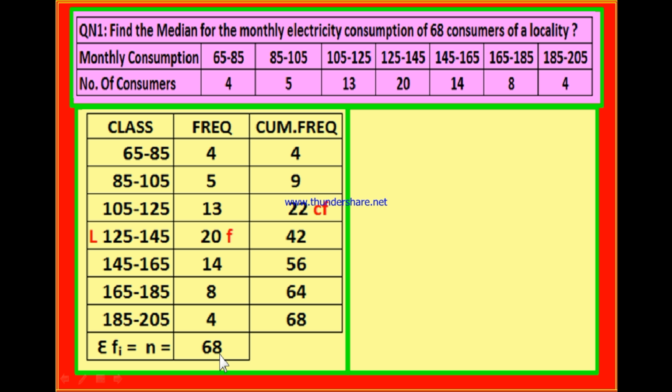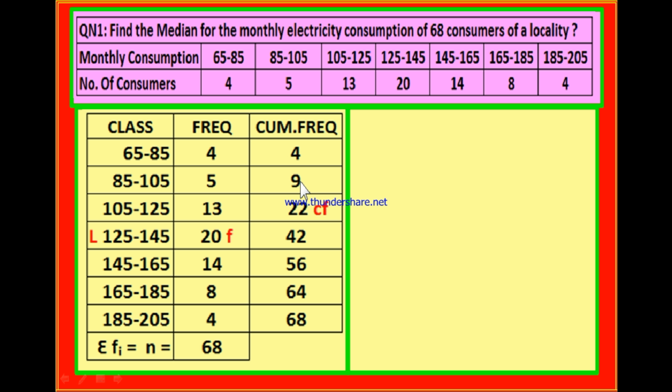In total, in this distribution, there are 68 scores, isn't it? There are 68 observations or 68 scores. Out of 68 scores, the first class contains 4 scores and the second class contains 5 scores. And these 5 scores are nothing but after 4, the 5th to 9th scores. That is, from 5 to 9, there are 5 scores and all those 5 scores lie in this class.